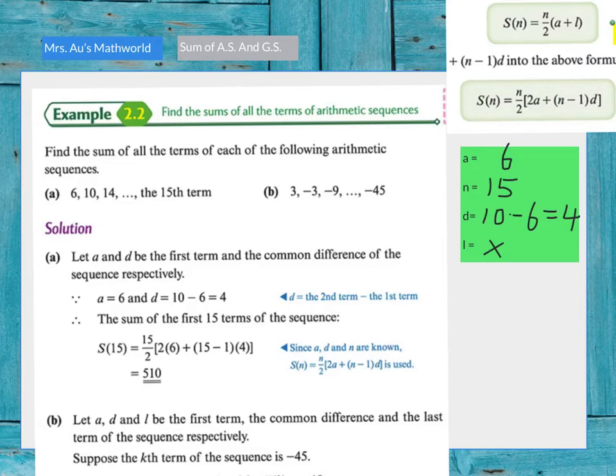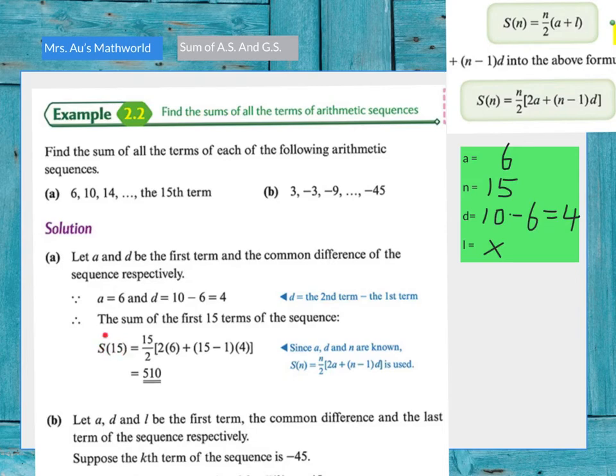So let's see our steps with the textbook solution. You can see a equals 6, d equals 4. We know these two pieces of information. Then we know there are 15 terms together. So we have enough information to substitute inside, which is S15.